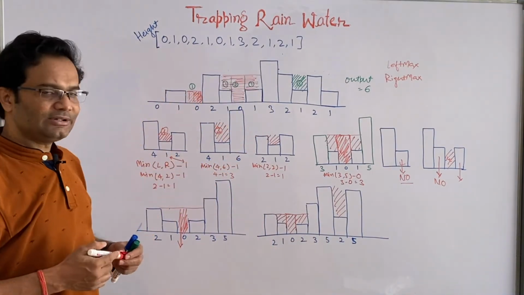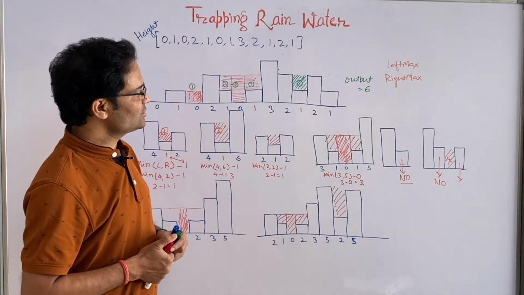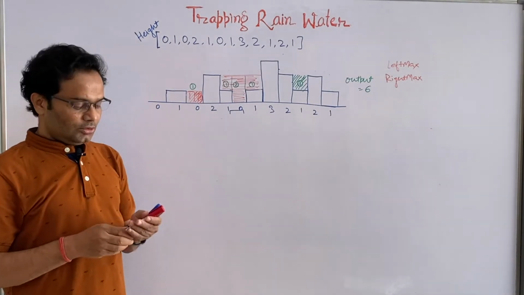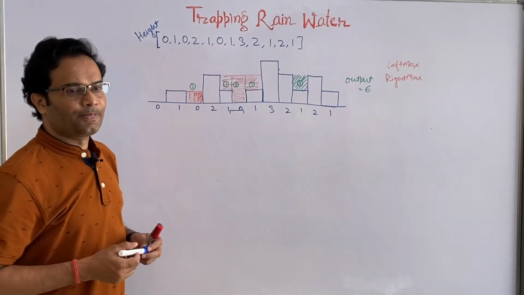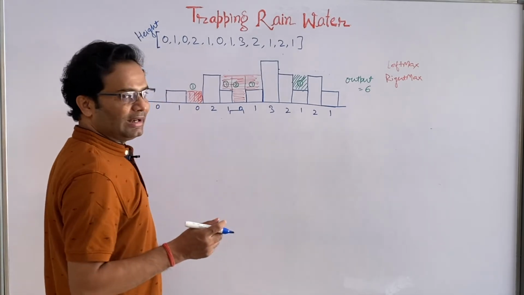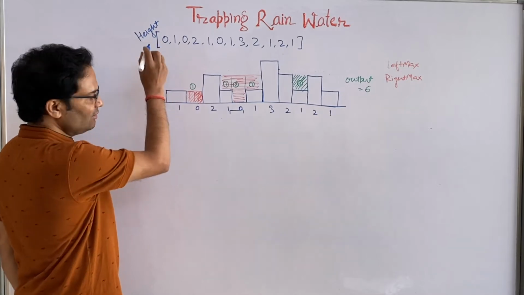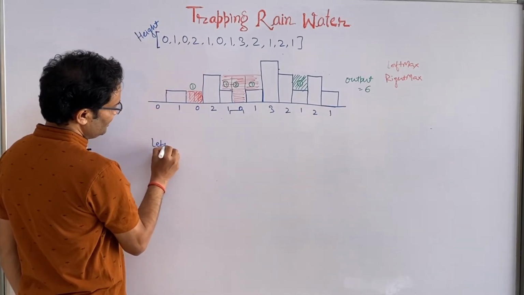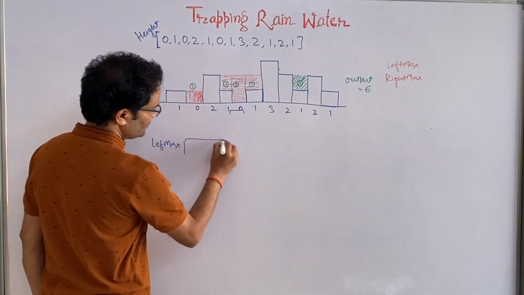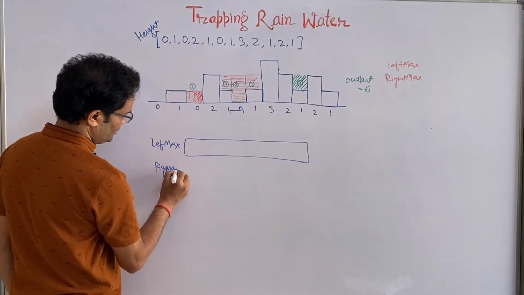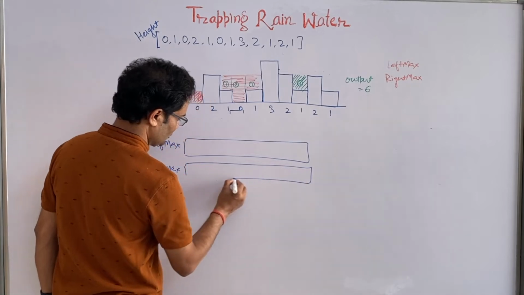So I have already given the basic idea. Now let me discuss a good approach to solve this problem. The basic approach is that you maintain two arrays. One array is already there. You maintain another array, the leftmost, and another array, the rightmost.